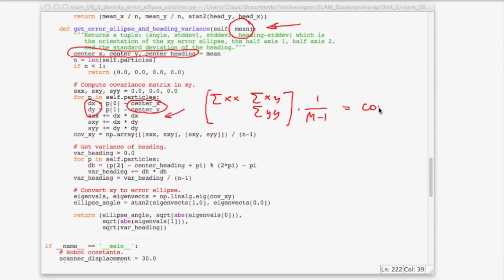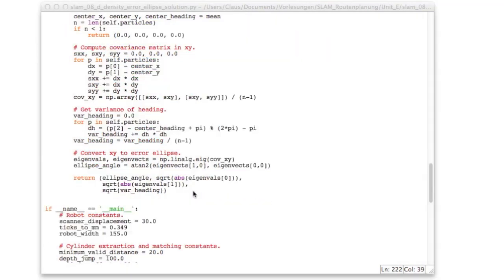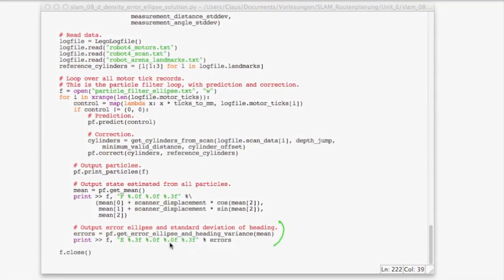And this is the covariance matrix. And for the covariance matrix, we compute the eigenvalues and eigenvectors and use those to compute the orientation of our error ellipse as well as both half-axes. And here we compute the variance of the heading and return that as well. And below in the main program, here in this section, we output the error ellipse and the heading variance.